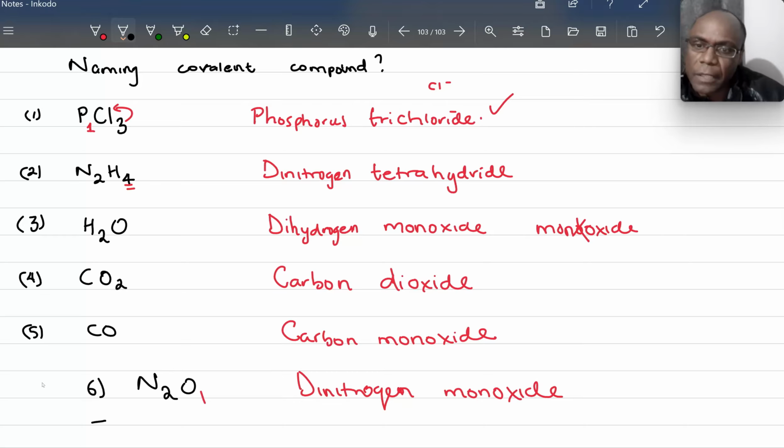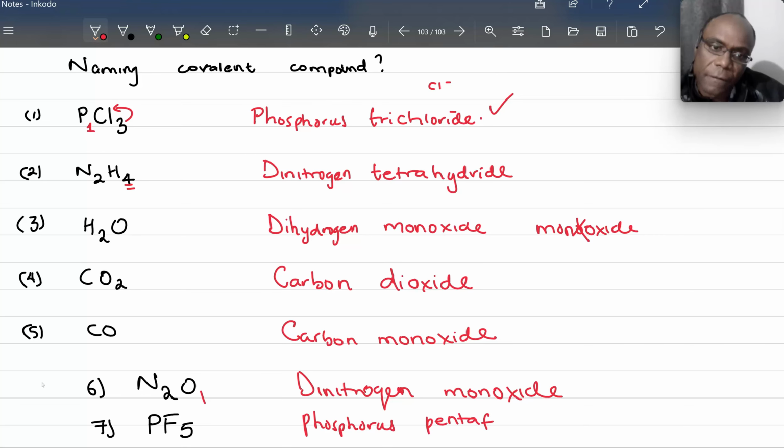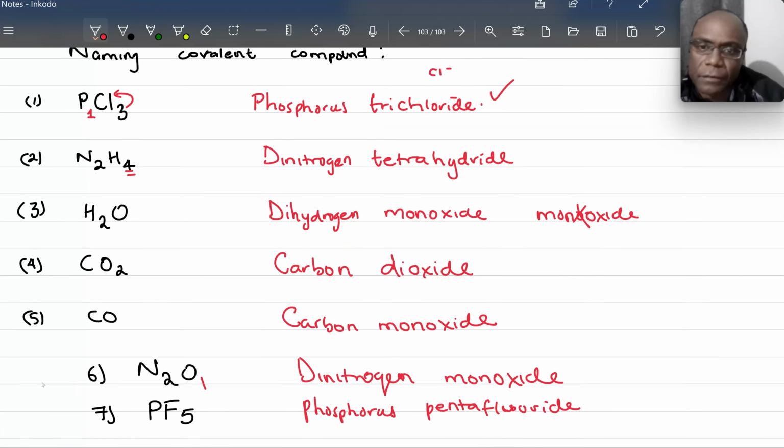Okay, I'm trying to think of other formulas. Let's say you had PF5. That one would be phosphorus pentafluoride, penta standing for 5.